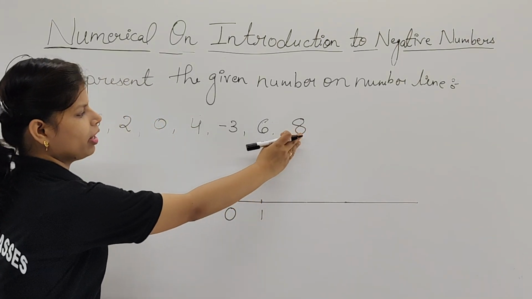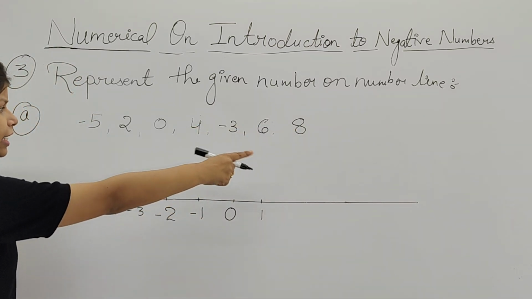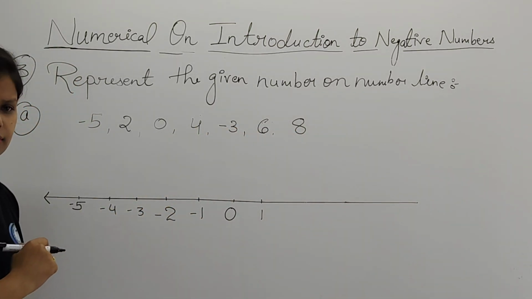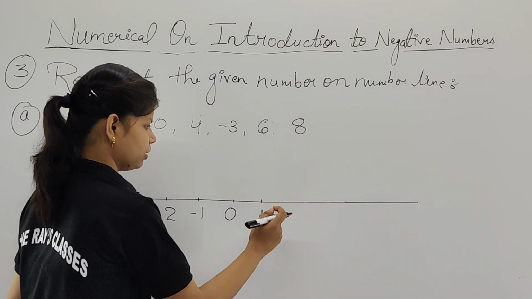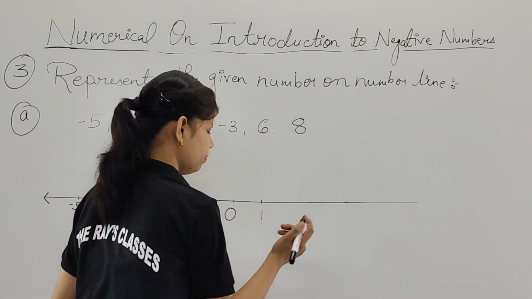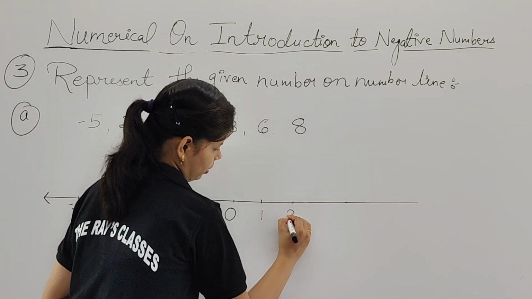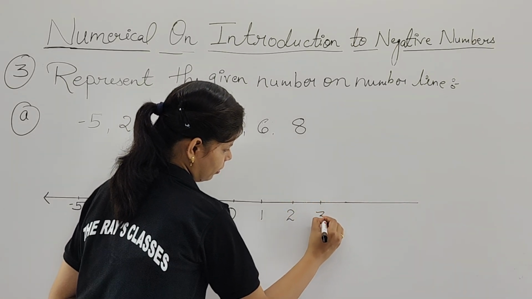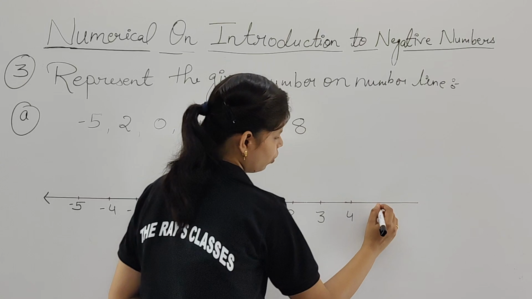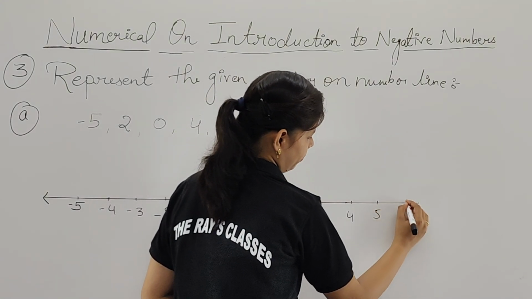Till where do we have to go? We have to go till 8, because 8 is the greatest number given in this particular question. Clear, no? Then we'll go till 8. We'll see, if the space is less, we can extend more. Then 0, 1, then we are having 2, then 3, 4, 5, 6.